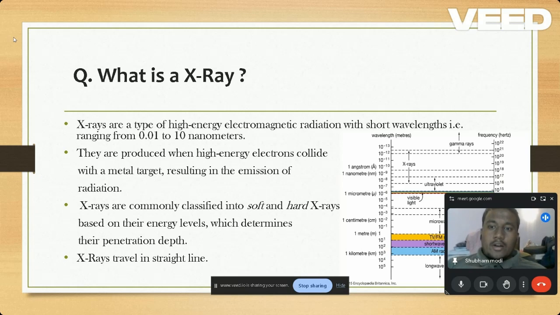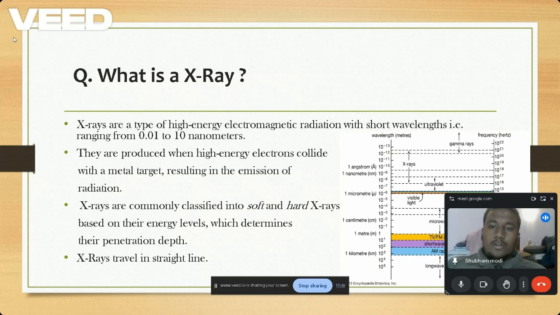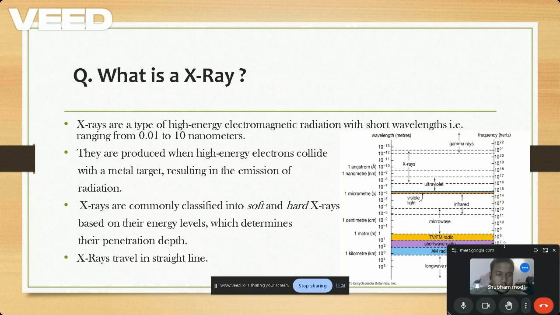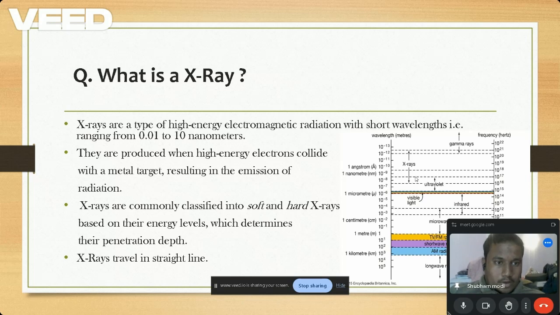X-rays are generally a type of high-energy electromagnetic radiation with a short wavelength ranging from 0.01 to 10 nanometers. Here is the range of different rays, but the wavelengths between 10 raised to minus 12 to 10 raised to minus 7 are generally considered as X-rays.